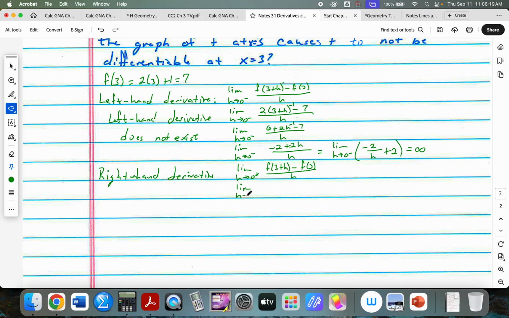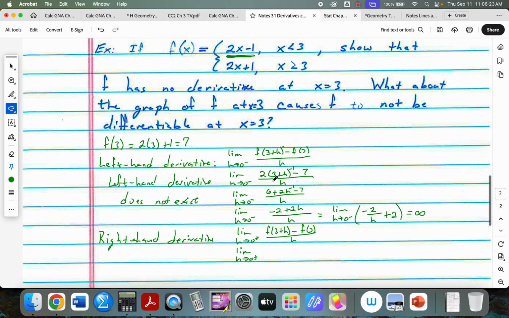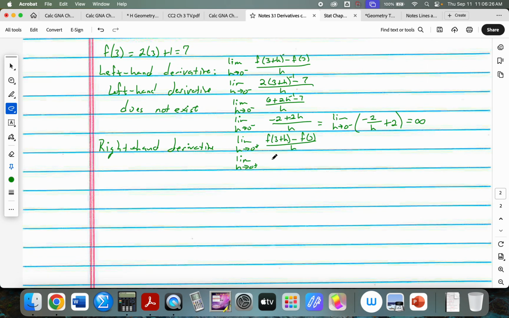So that's going to be the limit as h goes to 0 from the right of, what was it? It was 2x plus 1. So that'll be 2 times 3 plus h plus 1 minus 7 all over h.